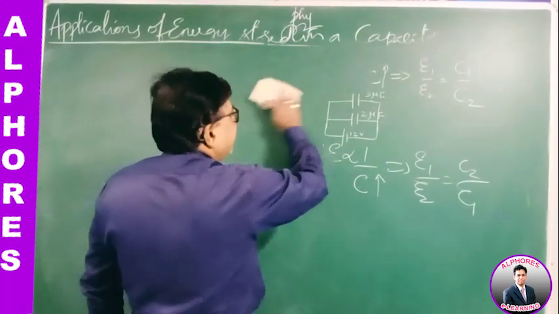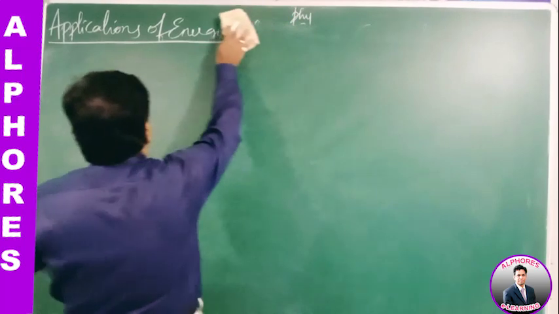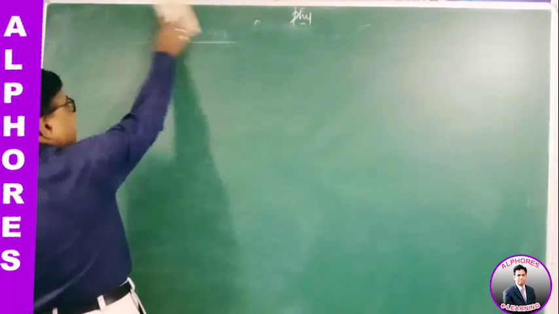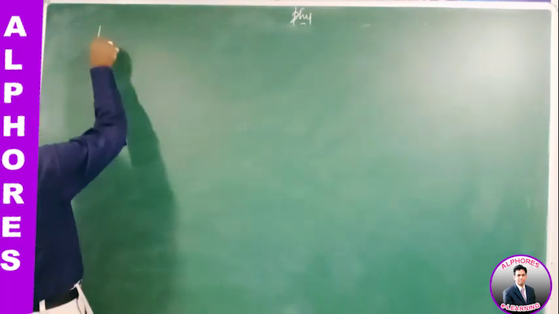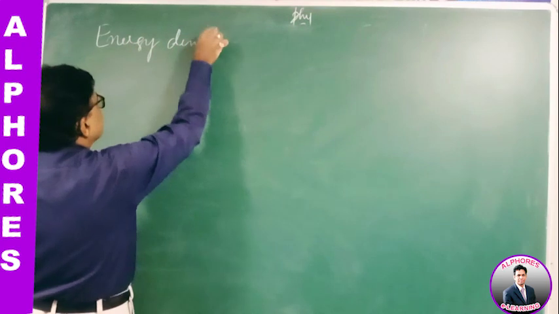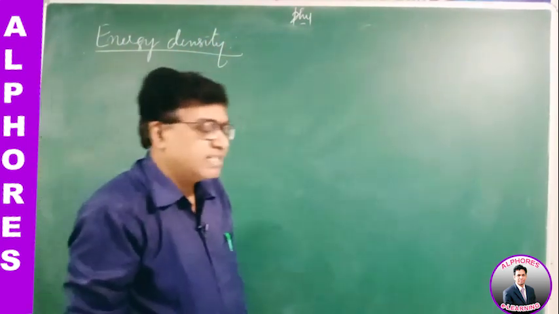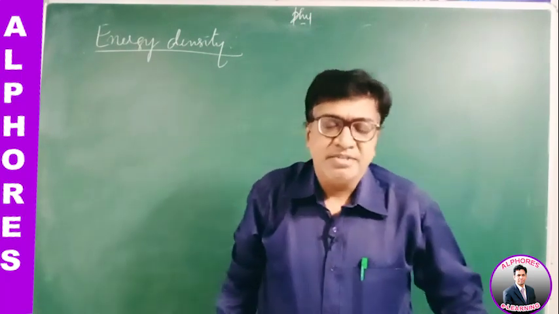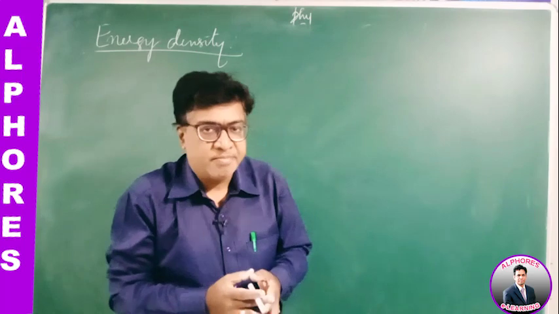Next, the energy density, that is, the energy density of the charge stored in the capacitor. What do you mean by energy density? Density is a term always used when you compare any physical quantity with respect to the amount of space.